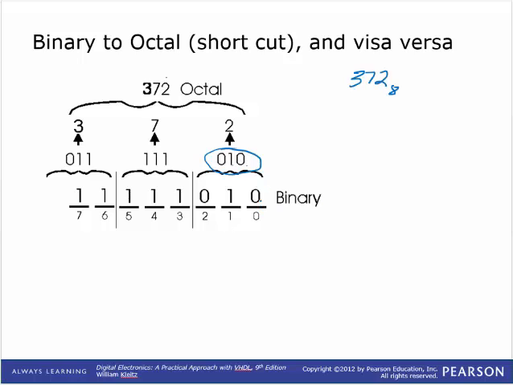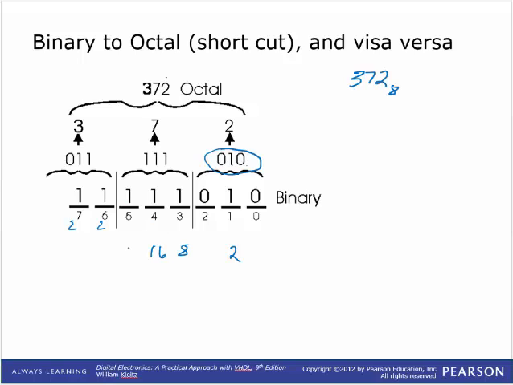Now once I've converted to binary, I can convert it to decimal. So these are the 2 to the whatever powers down here, the weighting factors. So I have a 0 plus a 2 plus a 0 plus a 2 to the 3, which is 8. I have an 8.